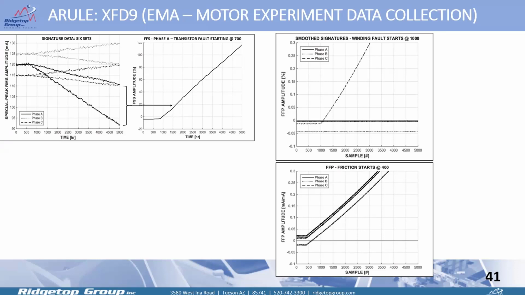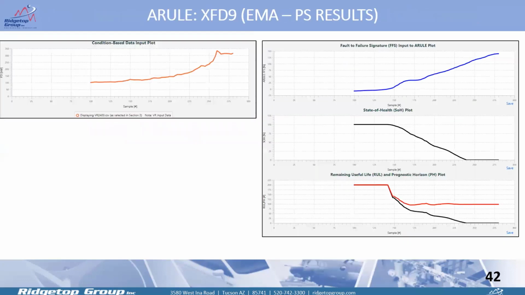The next, on the right-hand side on the top, is the failure mode associated with one winding of the stator. And on the bottom is the failure mode, or the signature if you will, when you have a common mode of failure, which is the rotating shaft. Next. Again, the results show that the results are good. Next.